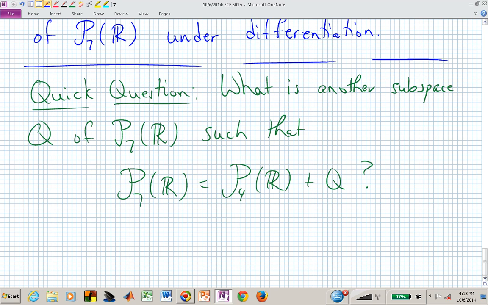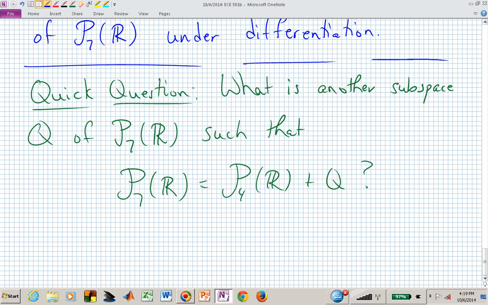Yes. Pardon? P7 could be Q, couldn't it? Since I didn't do a direct sum, I simply did a sum of subspaces. I didn't do a union or an intersection, I did a sum, so indeed, one solution wasn't the solution I was looking for, that's fine, but a correct solution could be P7, right?